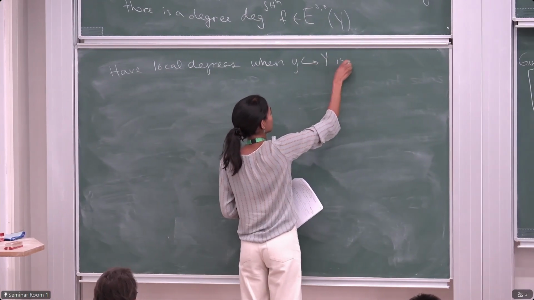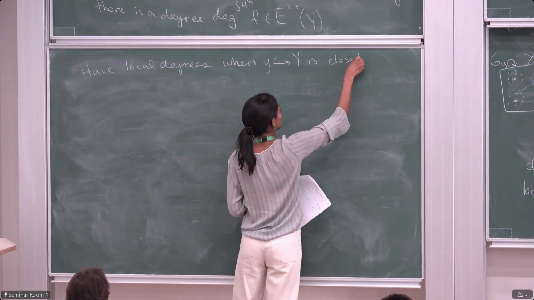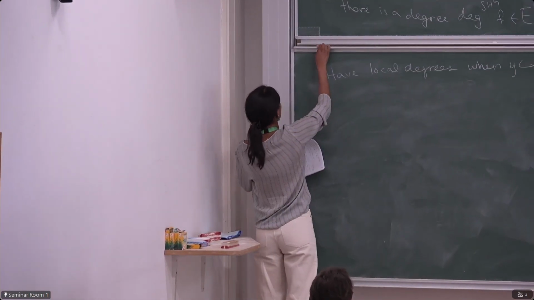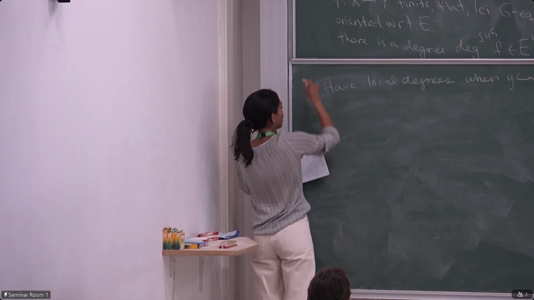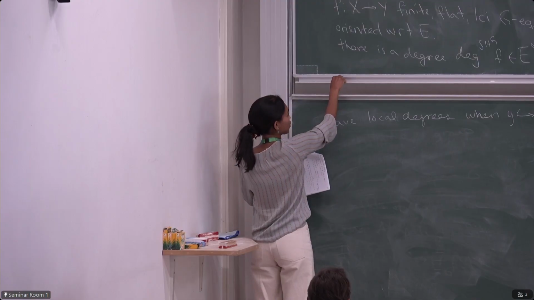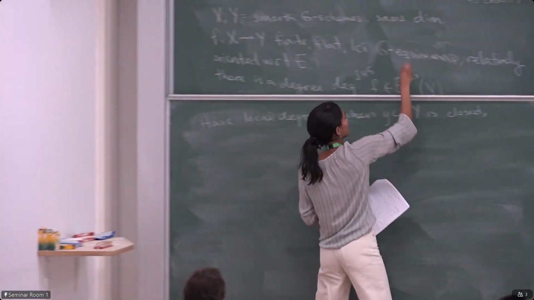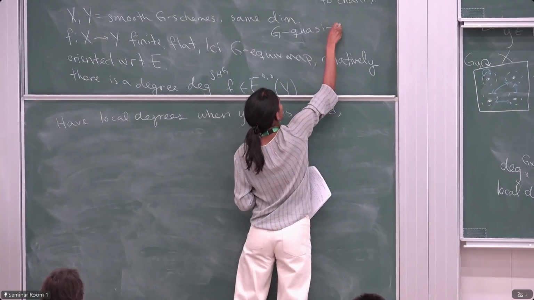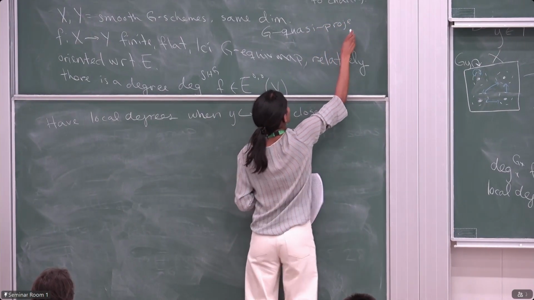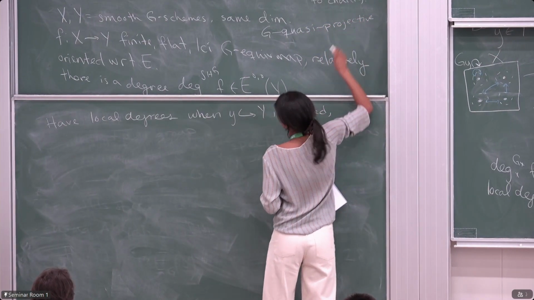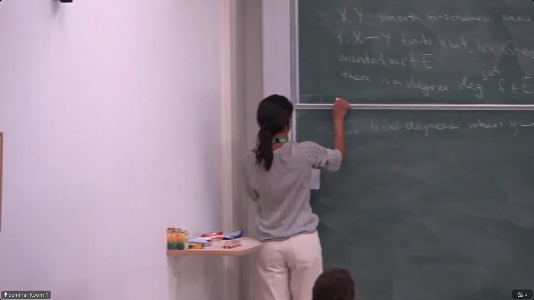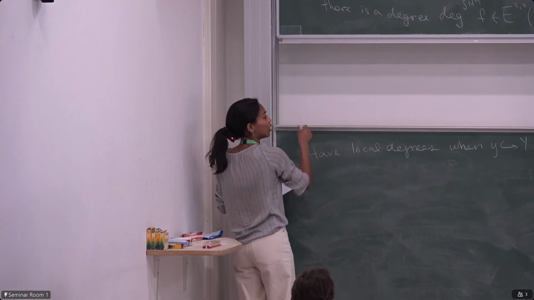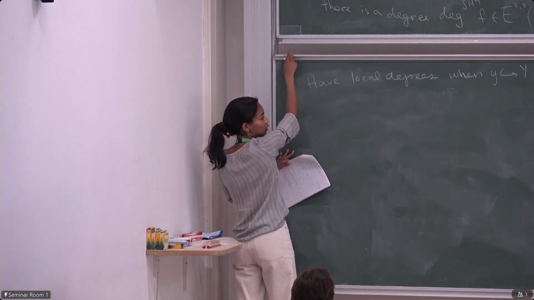You know what, also I forgot something very important here. X and Y are smooth G schemes, and they're also G quasi-projective. You really need this in order to get Atiyah duality in equivariant motivic homotopy theory.